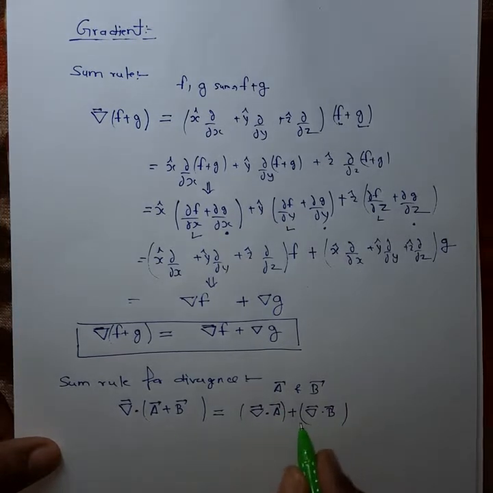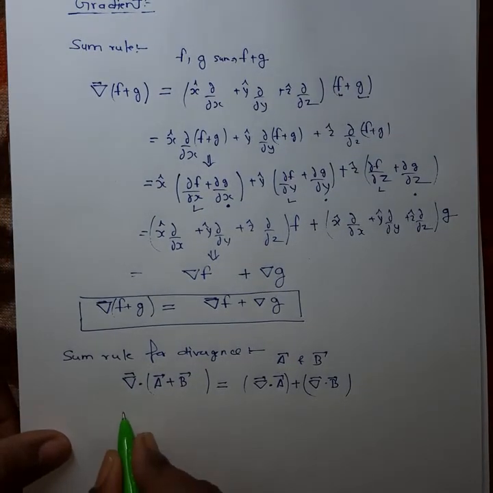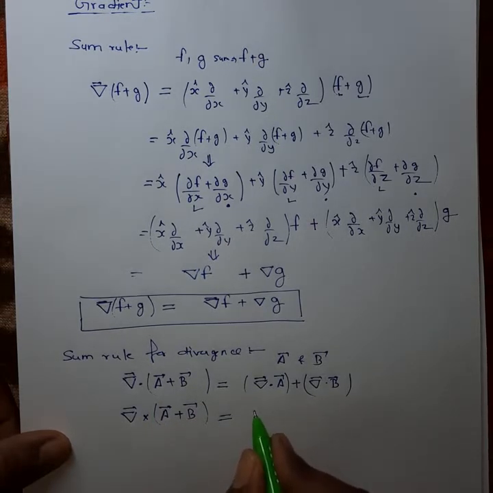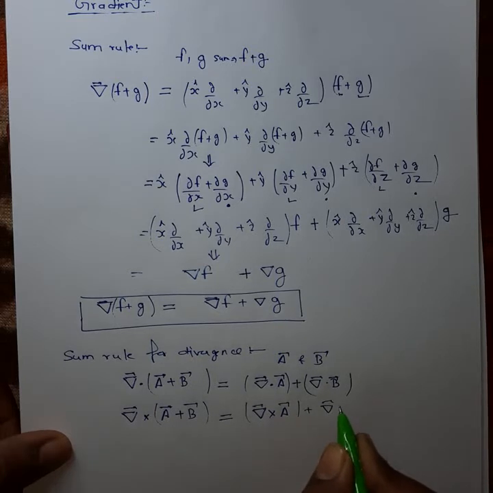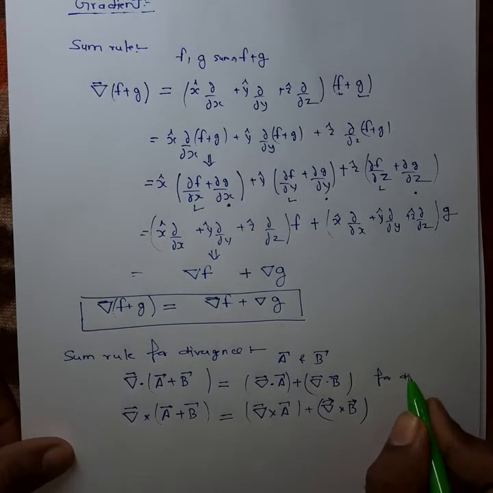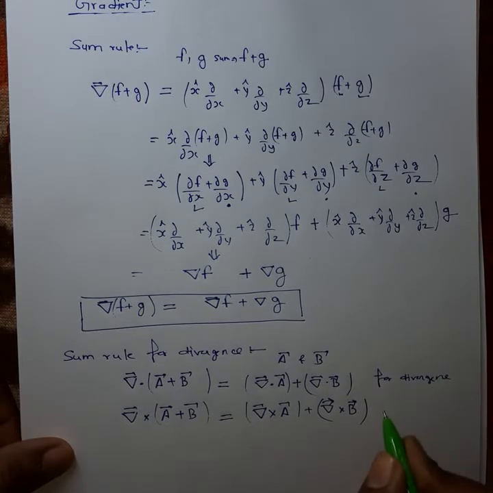So this is the sum rule for divergence. Similarly, there exists the sum rule for curl also. Curl of a vector plus b vector can be written as curl of a vector plus curl of b vector. So this is the sum rule for divergence, and this is the sum rule for curl.